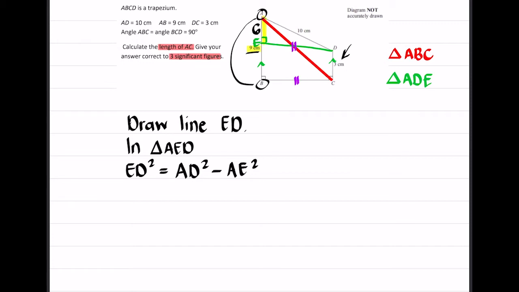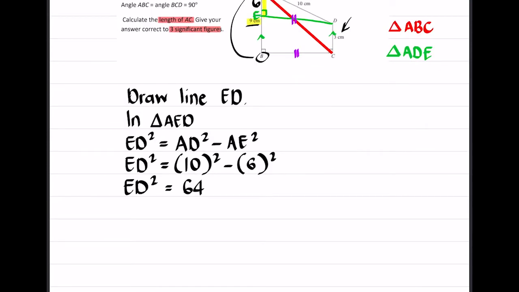So that means that ED squared is equal to AD squared. AD is 10, so 10 squared minus AE, which is 6 squared. So ED squared is equal to 10 squared, which is 100, minus 6 squared, which is 36, so that gives me 64.